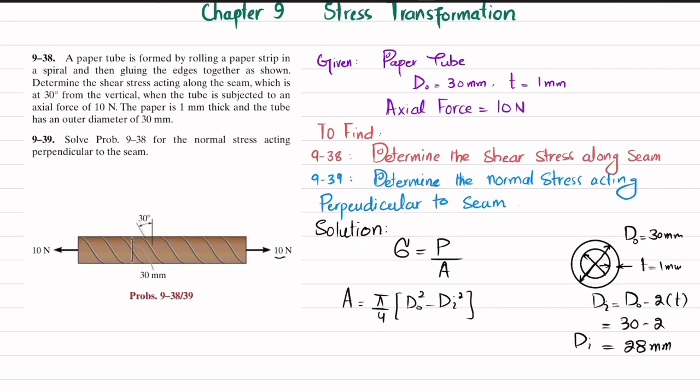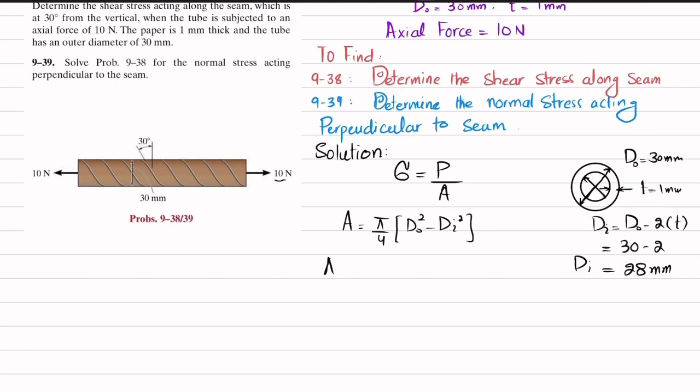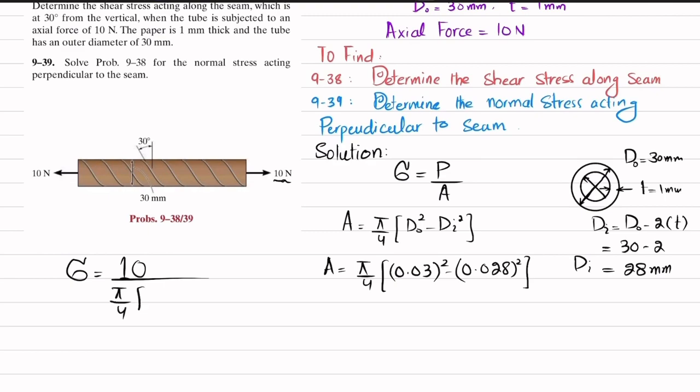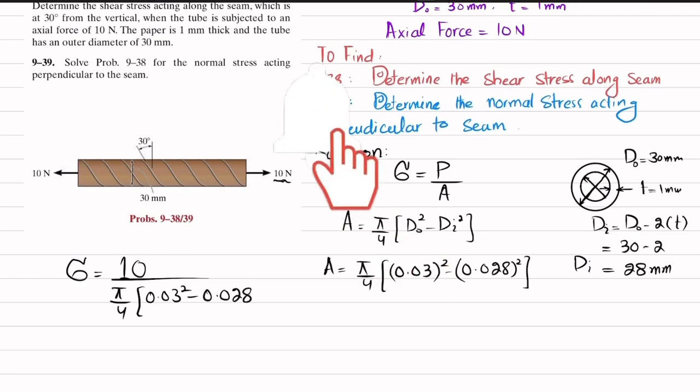This is d inner, so we can find the area. Area will be equal to pi by 4 times d outer, which is 30 millimeter, in meter 0.03, squared, minus d inner 28 millimeter, in meter 0.028, squared. So this is the area. Sigma is the 10 Newton axial load divided by pi by 4 into 0.03 square minus 0.028 square.